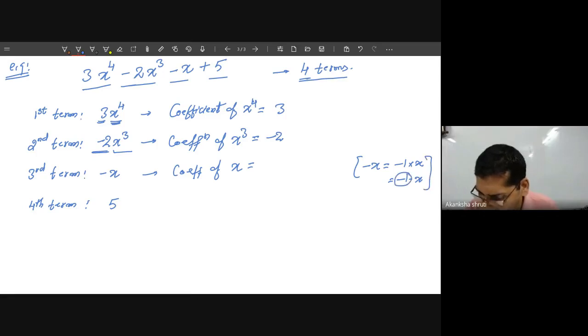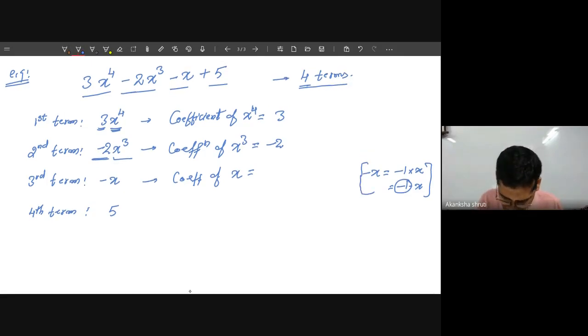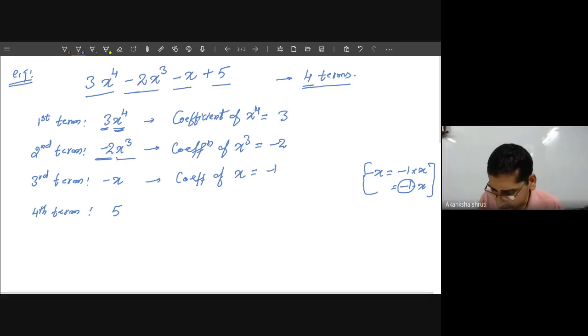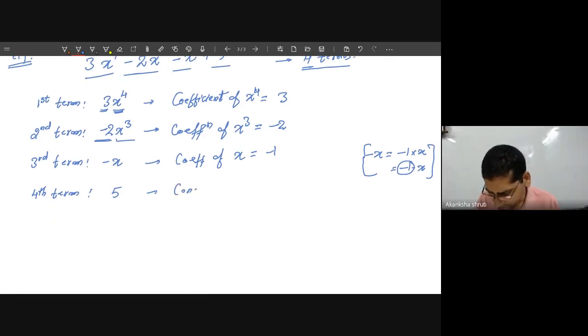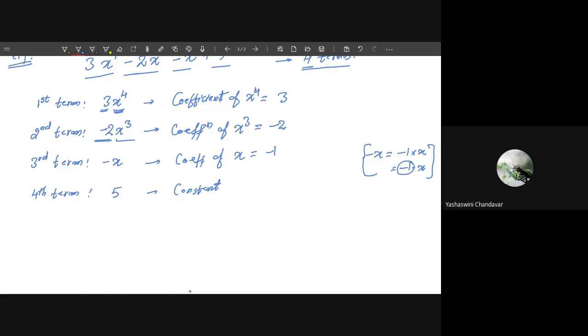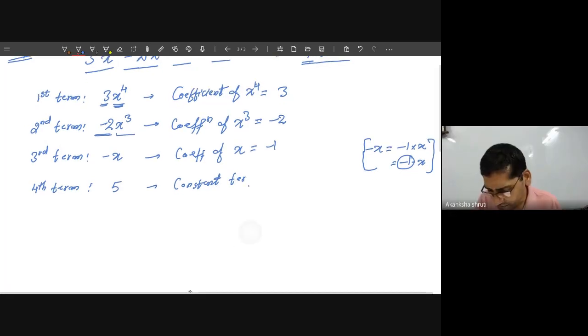So student, please understand this thing. These things are very simple, but many a time our good students are also making mistakes. So for minus x, we shall not write coefficient of minus x. Coefficient of x only. It is minus 1. This is the constant term.